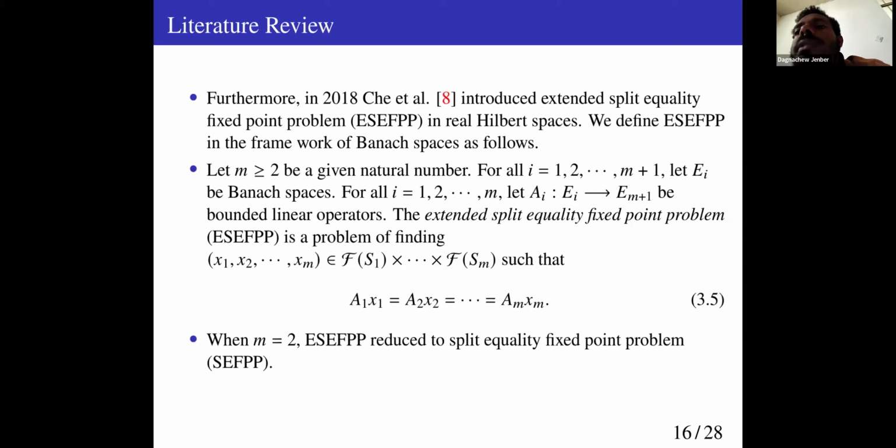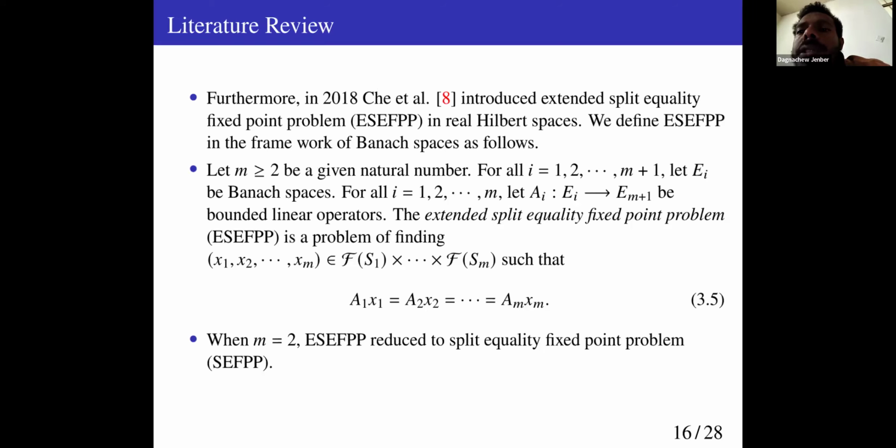For all i from 1 to M plus 1, let Ei be Banach spaces. For all i from 1 to M, let Ai be bounded linear operators defined from Ei to E(M+1). So the extended split equality fixed point problem in Banach spaces is defined.